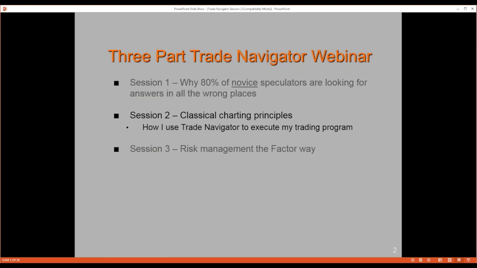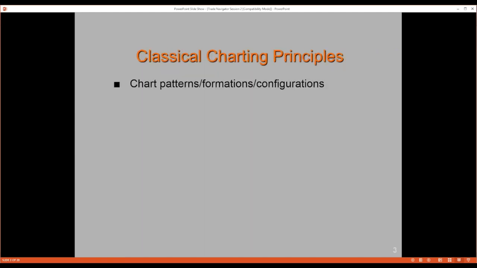They may use Fibonacci, they may use Gann, they may use a whole number of other things, and they do so successfully. And I'm not making comments on that approach with the use of charts. If people can make money using charts with something other than classical charting, all the more power to them. And so I want to really speak directly to classical charting principles.